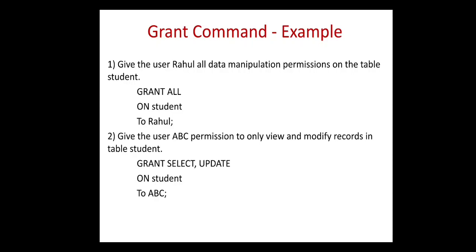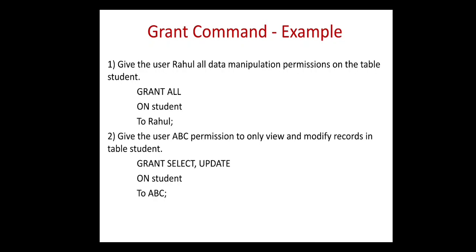Now we will see examples of the grant command. For example, give the user Rahul all data manipulation permissions on the table student. In this statement, the username is Rahul, the object privileges mentioned are all, and the object name is student. Now we can put these words into our syntax.